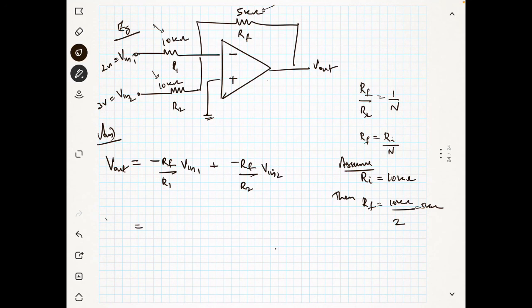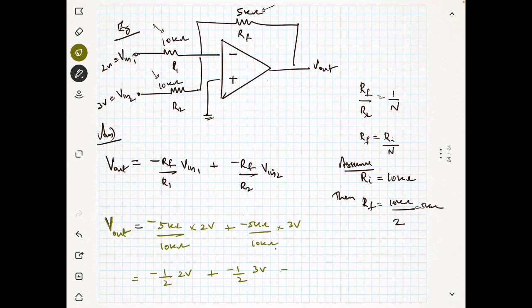So V out is equal to minus of Rf, 5 kilo ohm, divided by 10 kilo ohm, into V in 1, 2 volt, plus minus of 5 kilo ohm divided by 10 kilo ohm into 3 volt. This is minus 1 by 2 into 2 volt plus minus 1 by 2 into 3 volt. This is nothing but minus 1 by 2 into (2 volt plus 3 volt). That's the answer. That's the average.